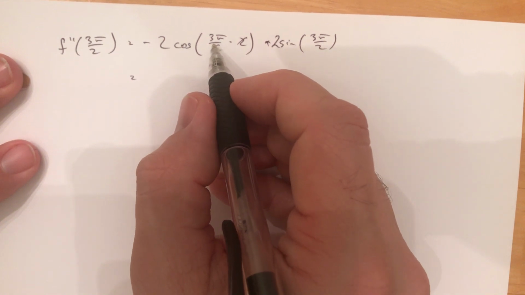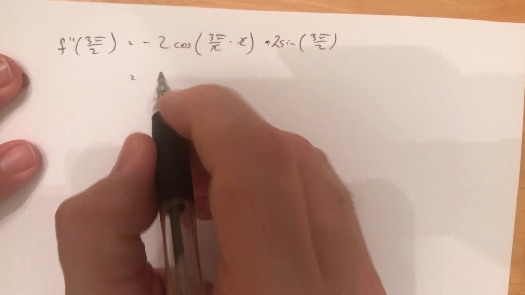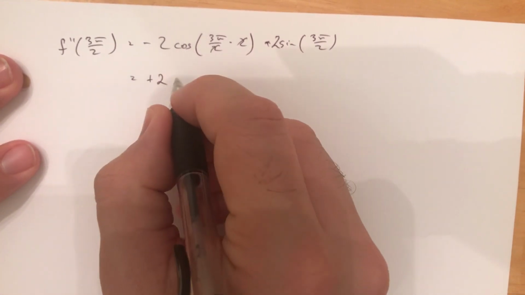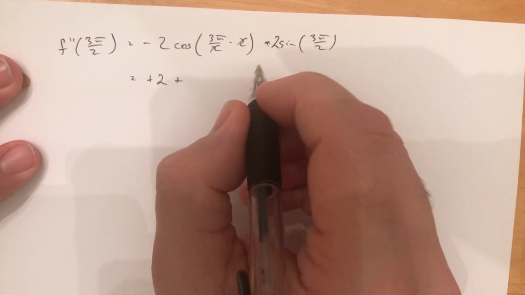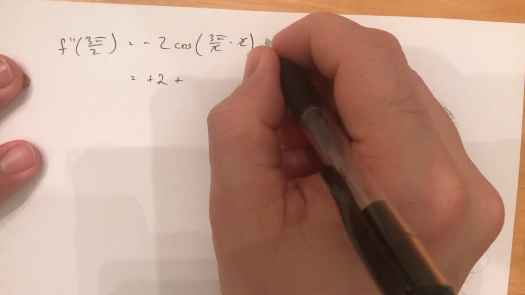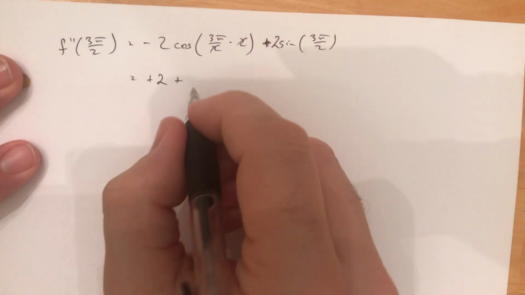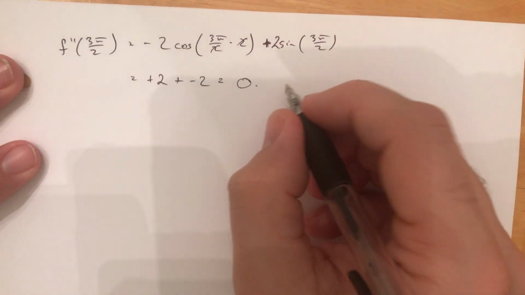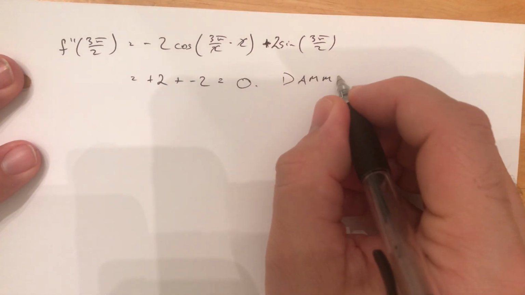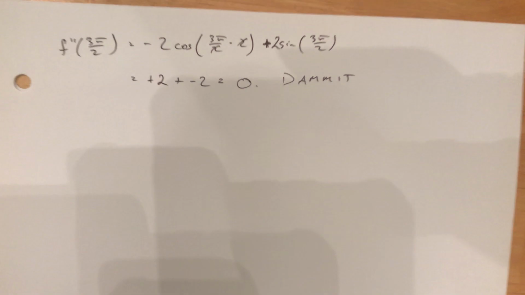Cosine of 3 pi is negative 1 times negative 2 makes positive 2. Sine of 3 pi over 2 is negative 1 times 2, and this should be plus, makes negative 2. Add all that up, and we get 0. And our test has failed us again.